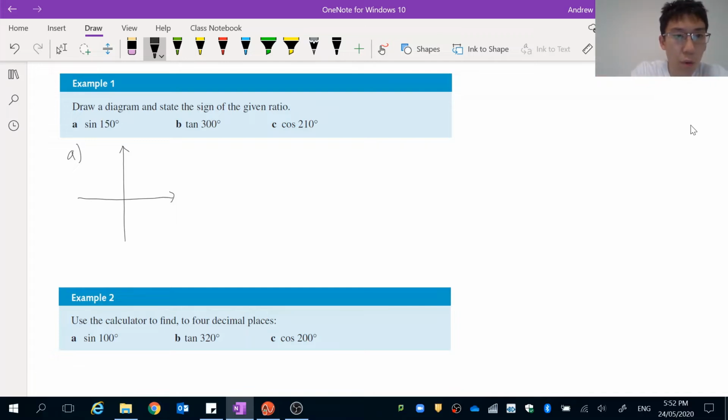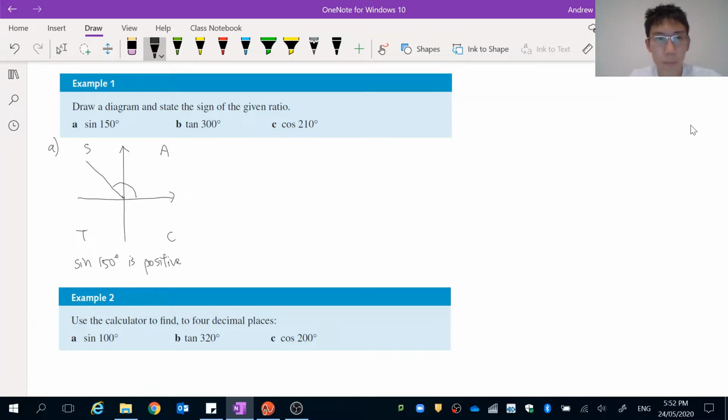So if we have sine 150 degrees, let's label our CAST diagram like this. 150 degrees would take us about here somewhere. Just approximate is fine. Since this is in the sine quadrant, sine 150 is positive, and that's all we want here.